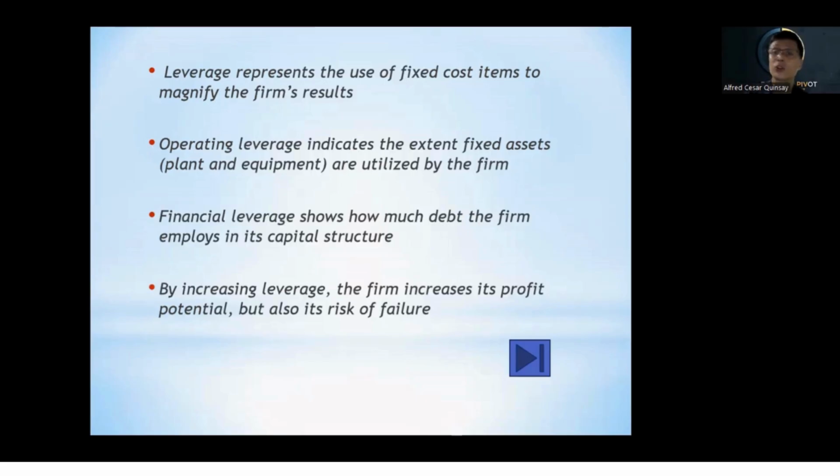There are also good debts or good liabilities, if they can somehow leverage that in order to increase their output. By increasing leverage, the firm increases its profit potential, but it also increases the risk of failure. So there's no guarantee. There's a saying that the higher the risk, the higher the investment, the higher the risk.